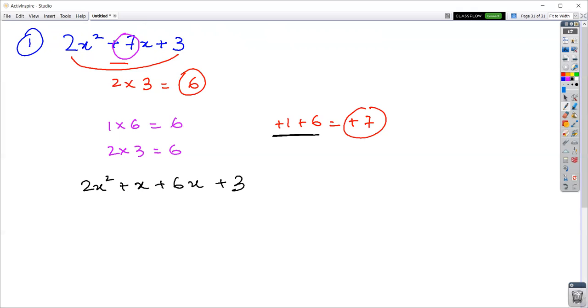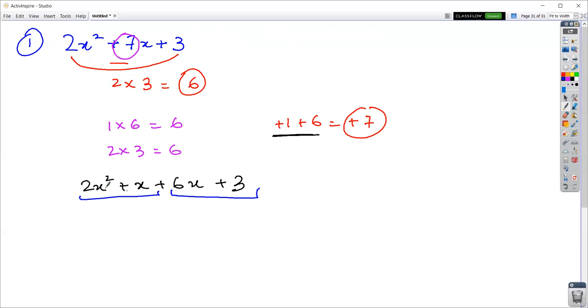Once we've split the middle term into two terms, we're going to factorize by pairing them up. With the first two, I'm going to make the first pair. With the other two, we are making another pair, and we're going to factorize them separately. To factorize 2x squared plus x, I'm going to start with the numbers first.